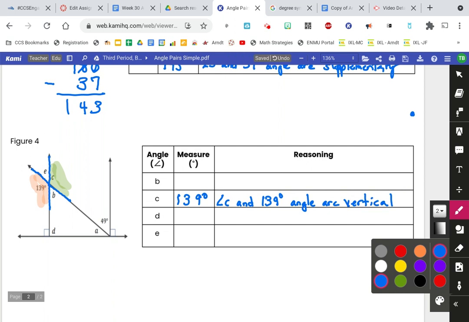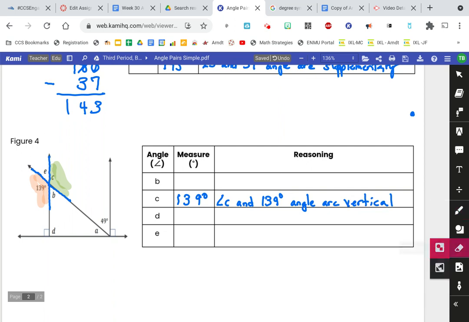Okay, so let's look at something else. I'm going to erase so that you can tell what I'm doing.